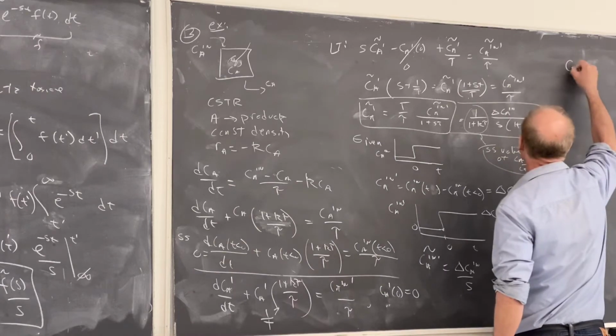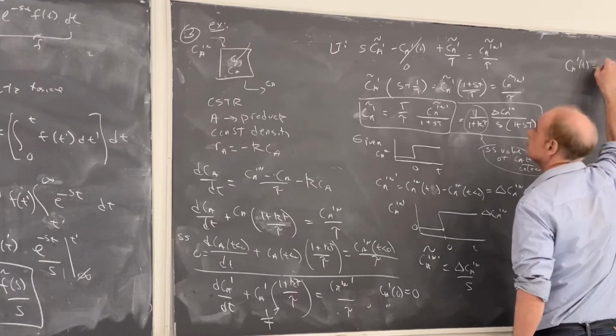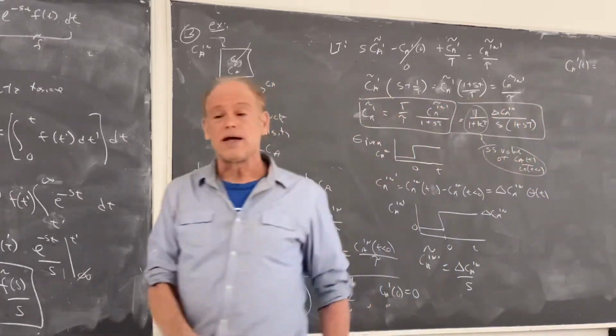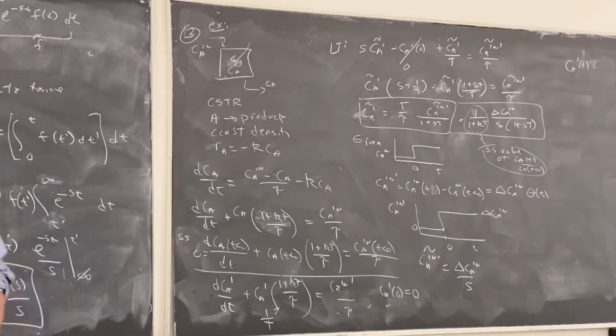So if I have CA prime of t, what do we get there? I have 1 over S times (1 plus ST).